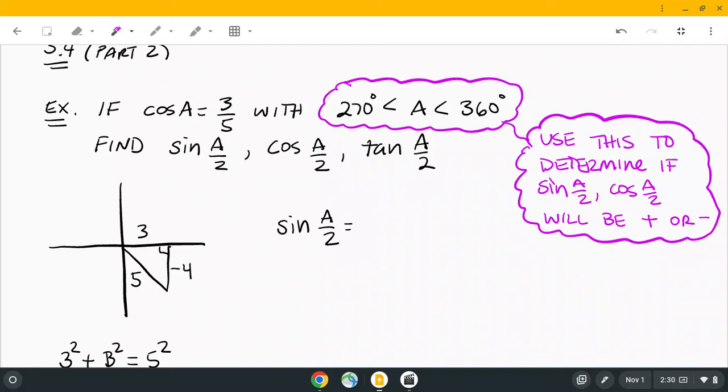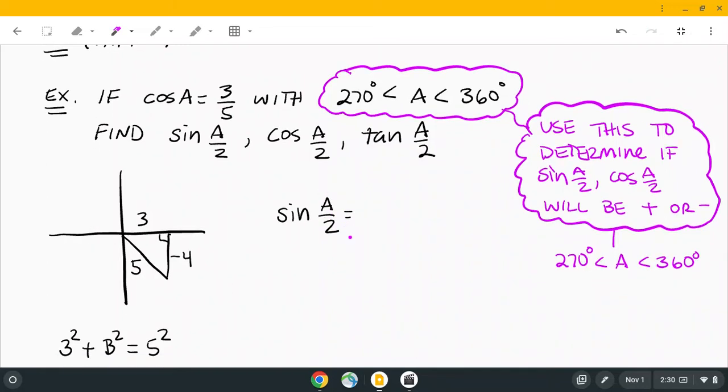The way we do that is by doing this: 270 degrees is less than A, which is less than 360 degrees. That's what they tell us. We want to know where A over 2 is going to land. So we take this inequality and divide everything by 2.